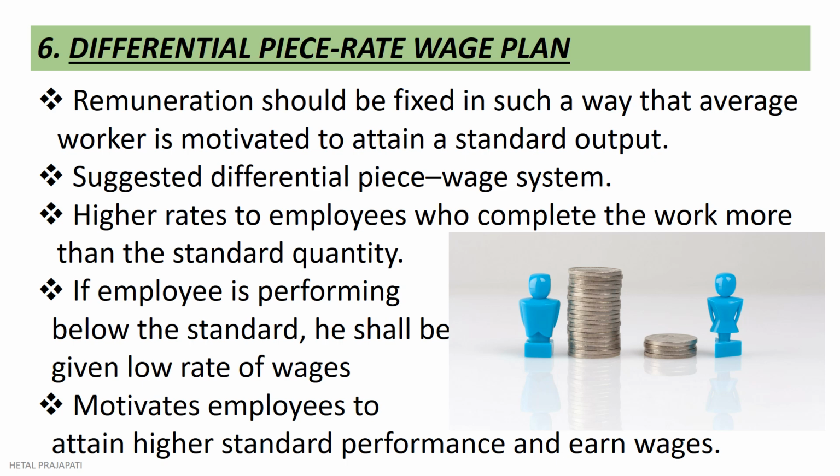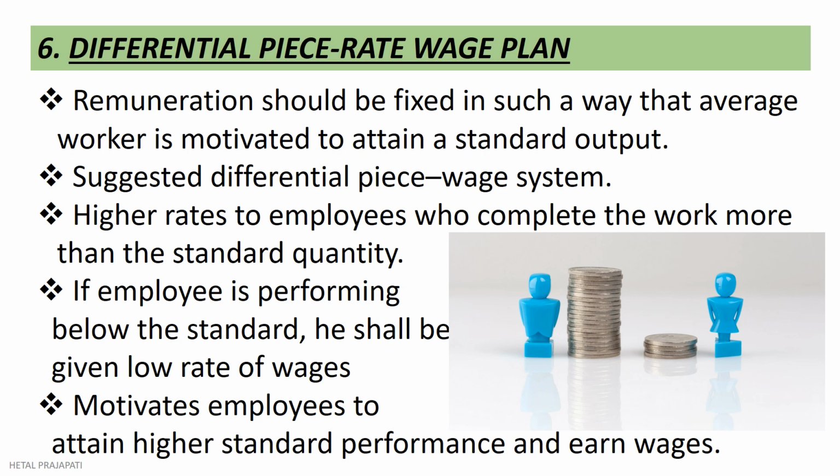Worker A produces 20 units in a day and in doing so he earns rupees 100, that is 20 units into rupees 5 per unit, because he had achieved the standard output per day.